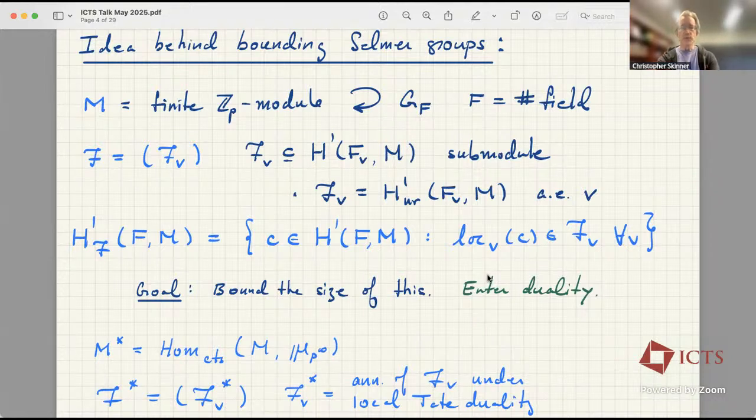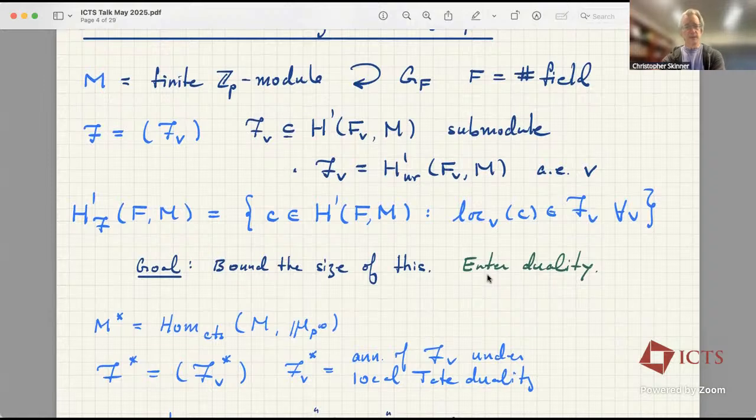The most important local condition might be that we look at the classes that are unramified at that prime. Once given the collection of local conditions, we can form the corresponding Selmer group. It's a subgroup of the full Galois cohomology group. Sometimes this collection F is called a Selmer structure in the literature.